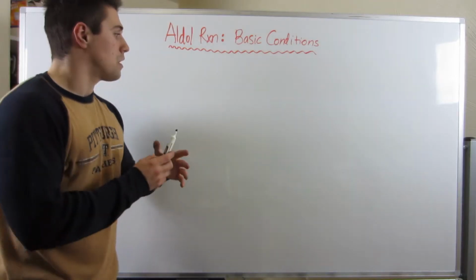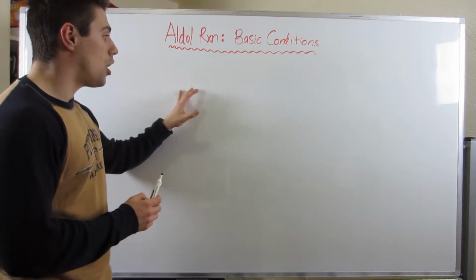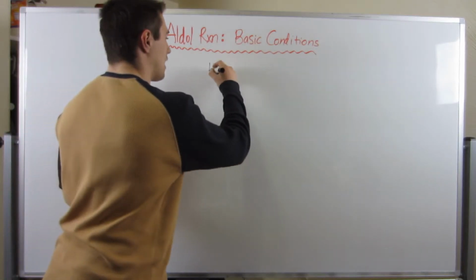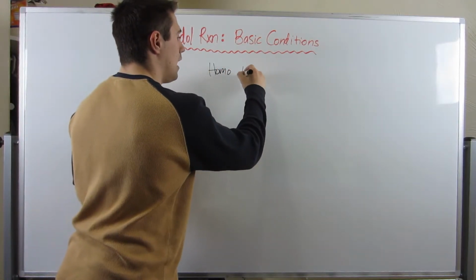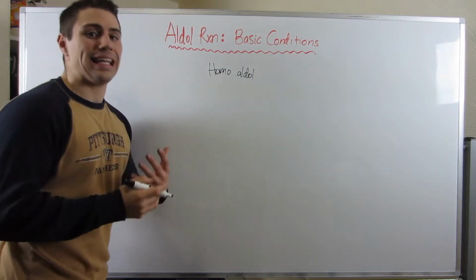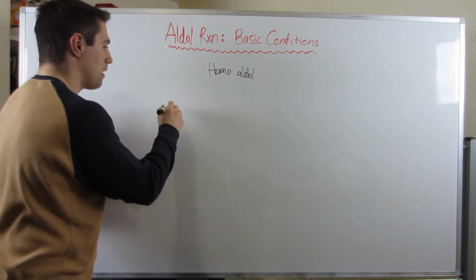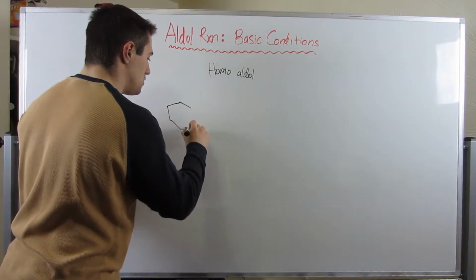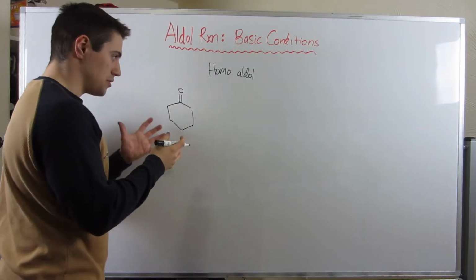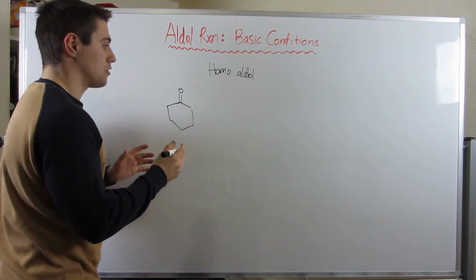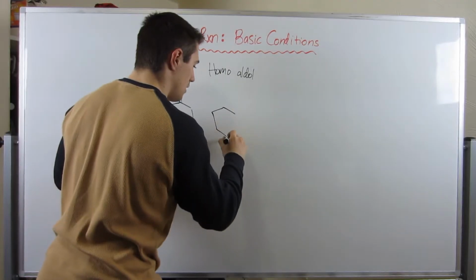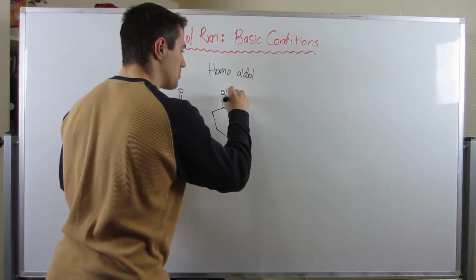Okay, so as I promised, let's do a homoaldol reaction together just so you can see what that's like. And then I'll show you guys what happens when you add heat in with an aldol reaction. So let's use this cyclohexanone, right? The enolate would look like this. It's symmetrical.